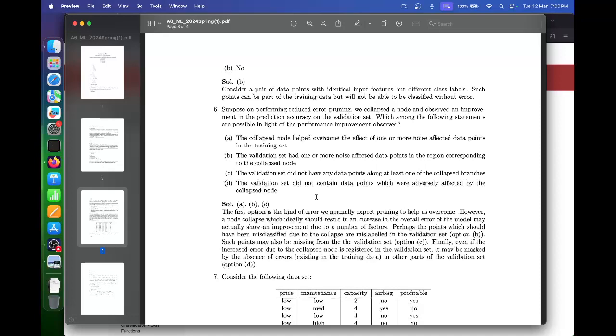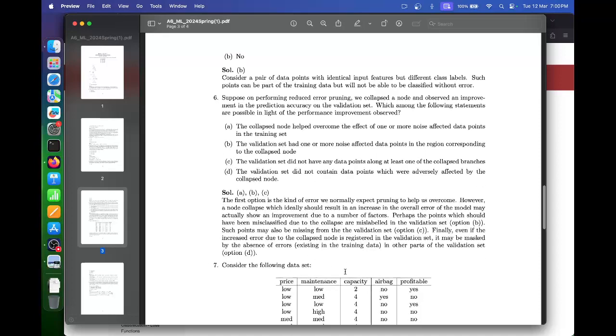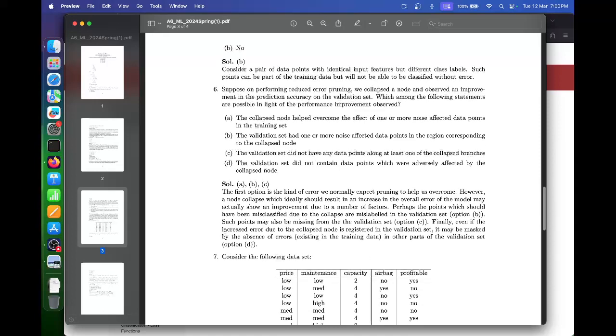Sir, can you see the explanation also? They have given the explanation that D is correct. Finally, even if the increased error due to the collapsed node is registered in the validation set, it may be masked by the absence of errors in other parts of the validation set.